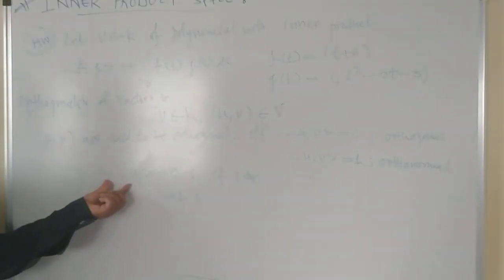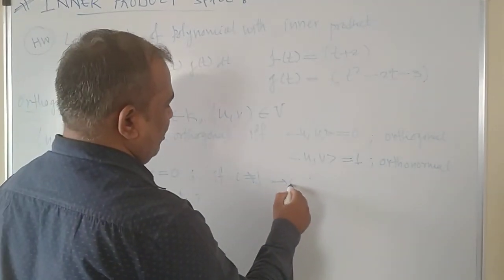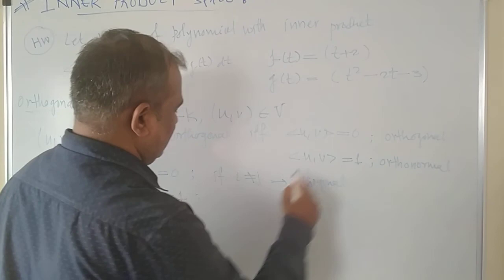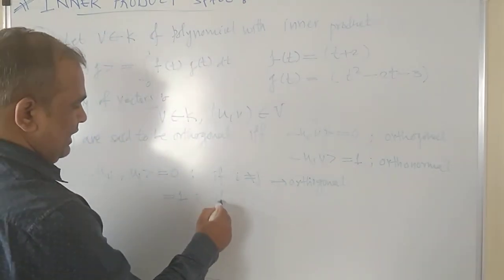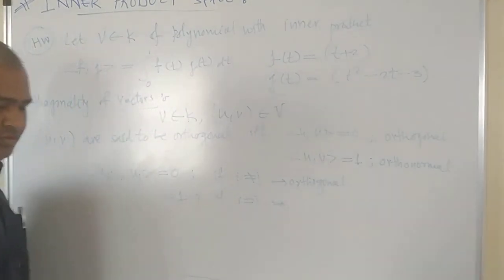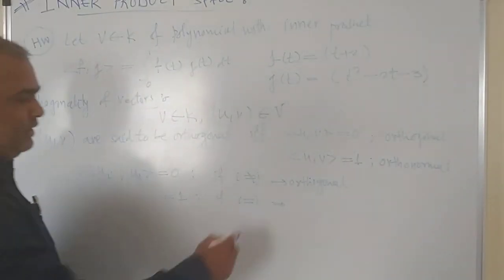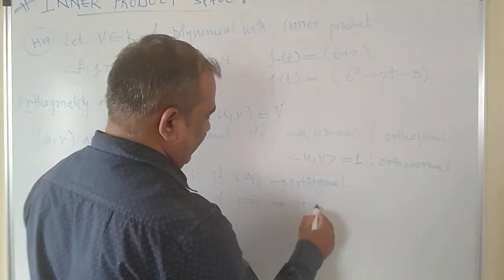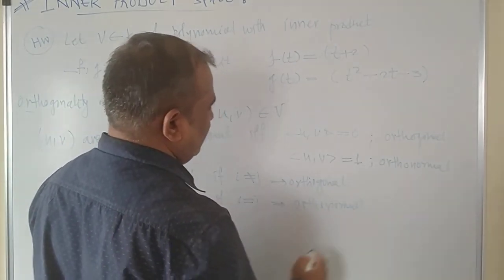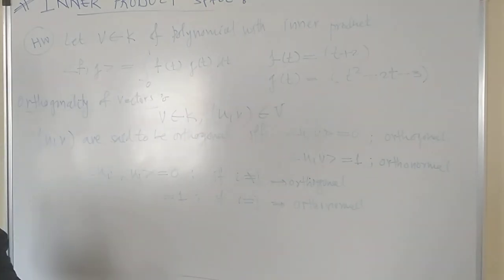So both vectors must not be the same, then this is an orthogonal vector. And here, though both are the same, still there is no problem, then it is an orthonormal vector, right? So hope you have understood these 3-4 different points.